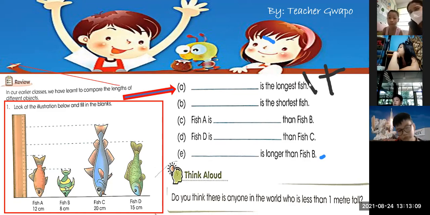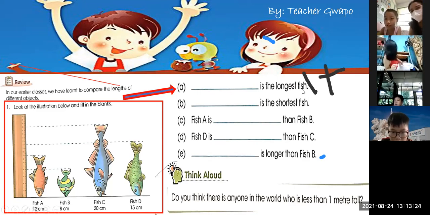Now, may I call on Yipon? Hello, good afternoon. Can you unmute your microphone? Can you tell me the answer in letter A? Blank is the longest fish. What is the longest? Fish A, fish B, C, or D?